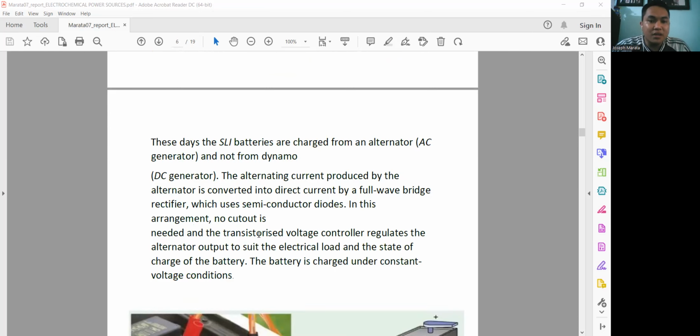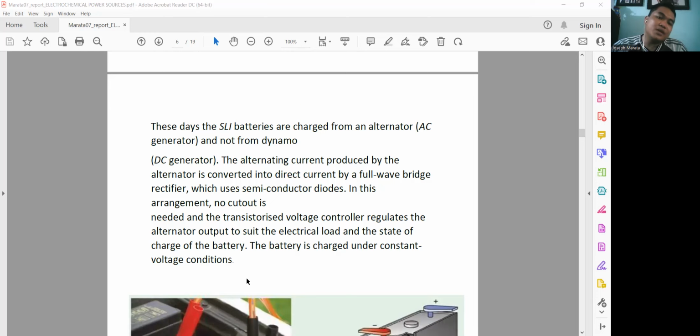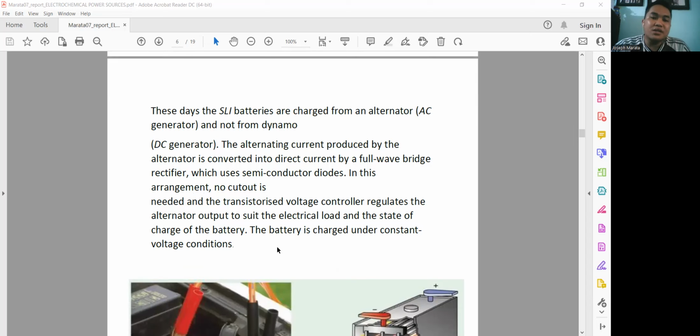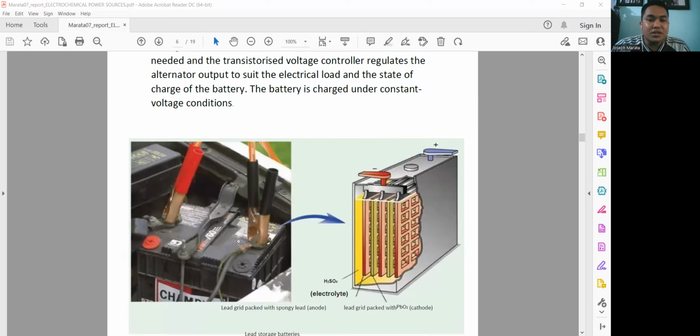In this arrangement, no cutout is needed and a transistorized voltage controller regulates the alternator output to suit the electrical load and the state of charge of the battery. The battery is charged under constant voltage condition.